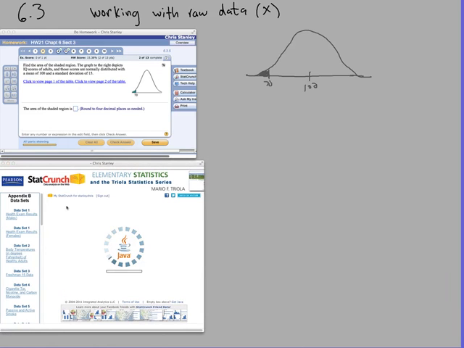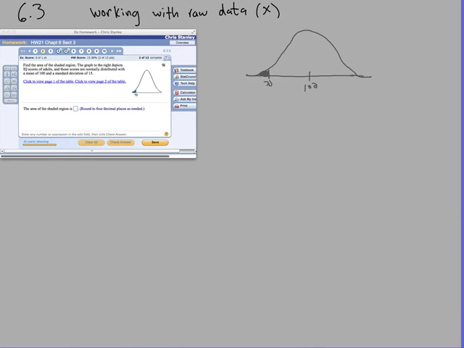Okay, so we want to go to Stat. Go to our calculator. Okay, well this thing's going.